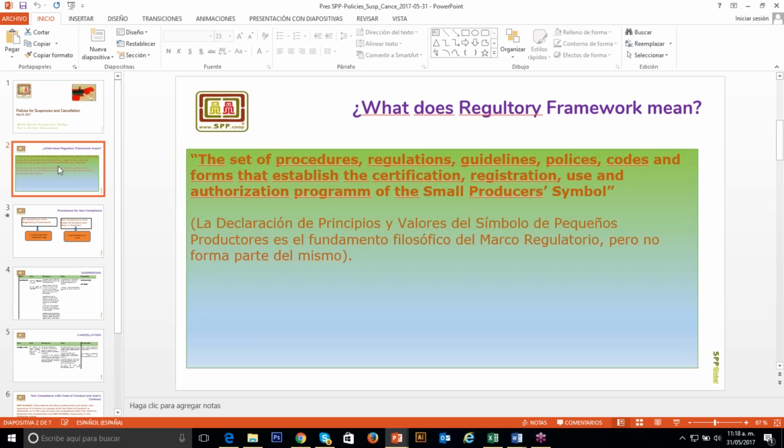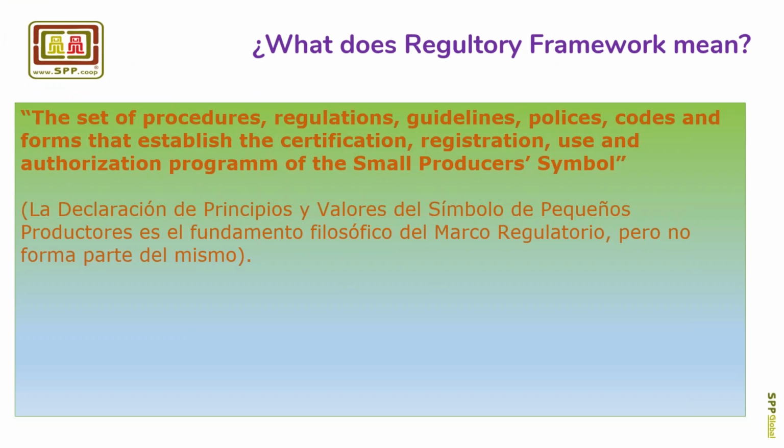First of all, it is necessary to define what regulatory framework means. The set of procedures, regulations, policies, codes, and forms that establish the certification, registration, use, and authorization program of the small producer symbol.